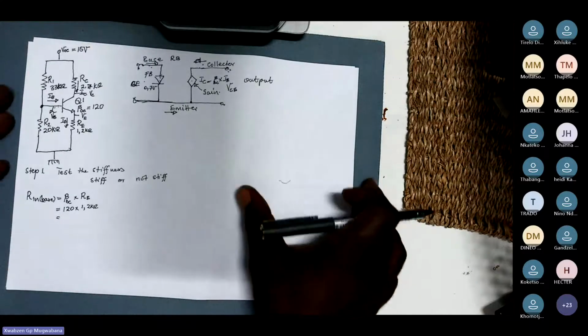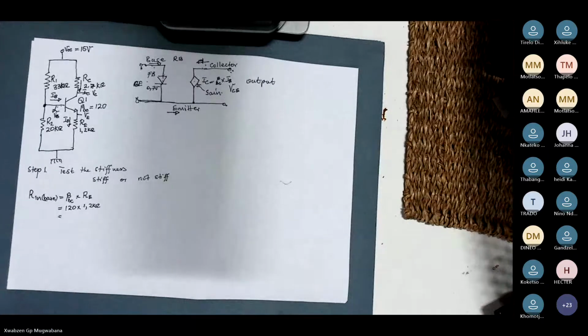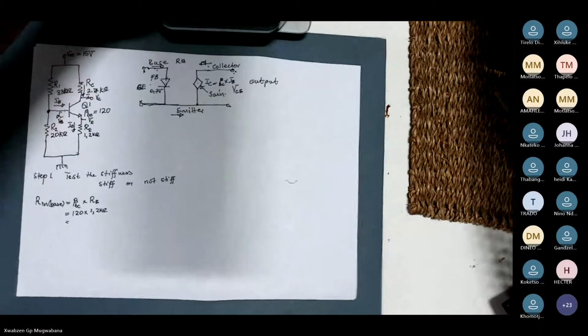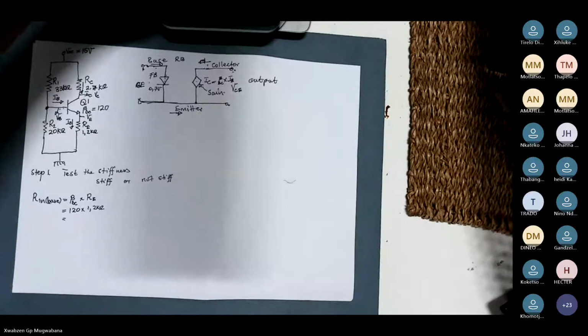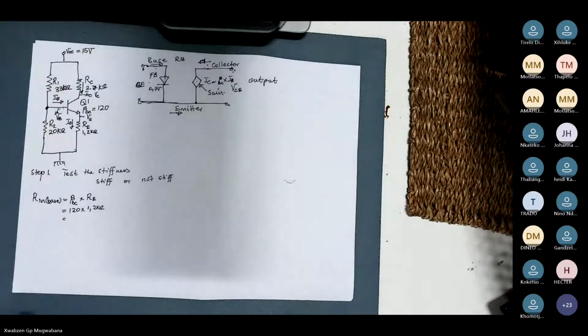Can I have one person who can tell me the value? Anyone? Just unmute your mic and tell me. 144 kilo ohms.